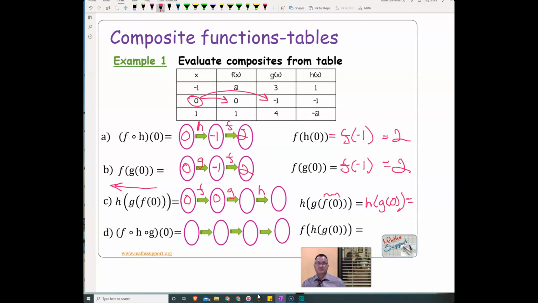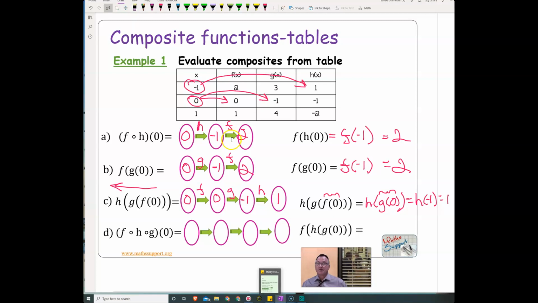So this gets replaced with a -1. That's the output from g when the input is 0. And now I'm going to go to -1 and figure out what h is, which in this case would give me 1. And that's my solution.